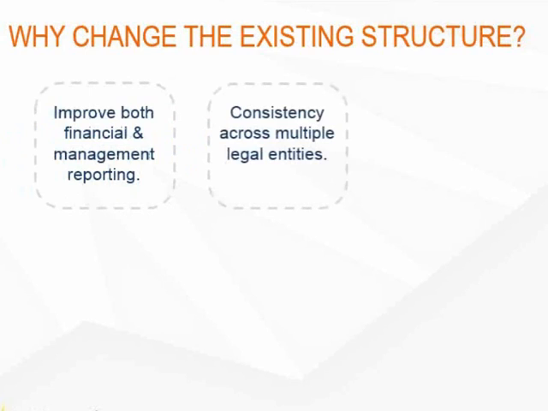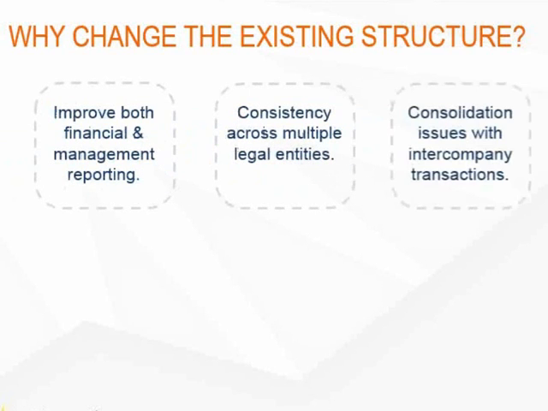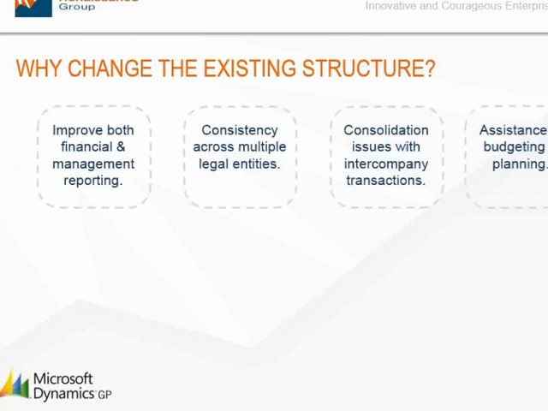Oftentimes businesses grow, they acquire other businesses, and we may end up in a situation where one company has a GL structure that doesn't mirror or match another company under the same umbrella. Another one would be consolidation issues. Again, if we have multiple companies, a similar GL structure is going to help with consolidation and certainly with intercompany transactions flowing between the companies.